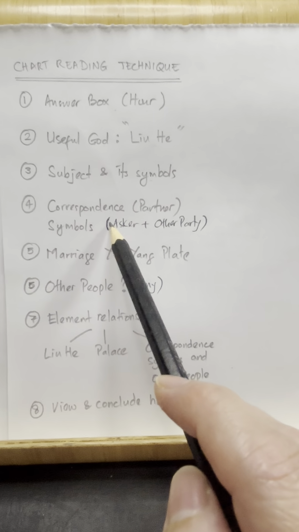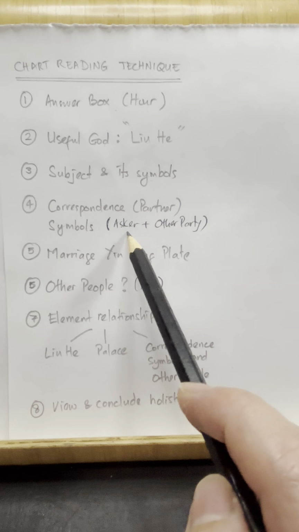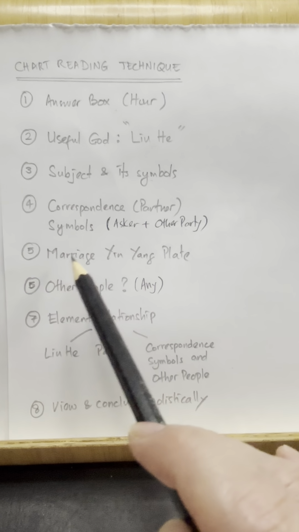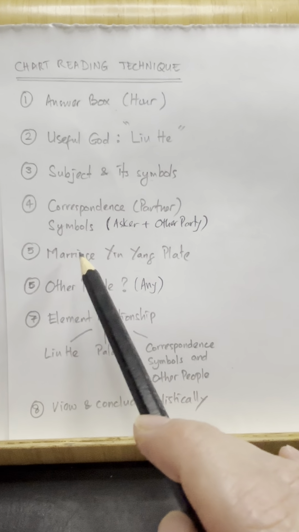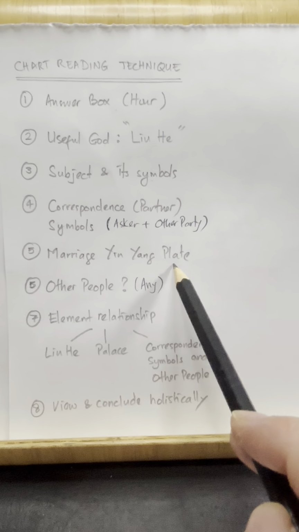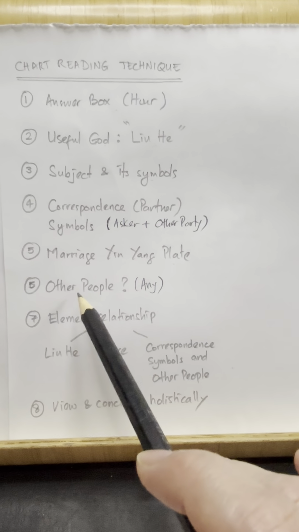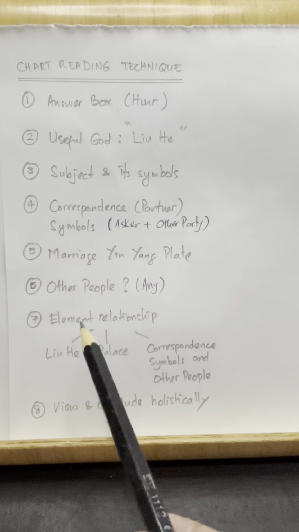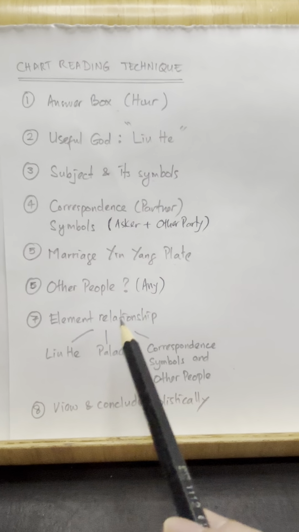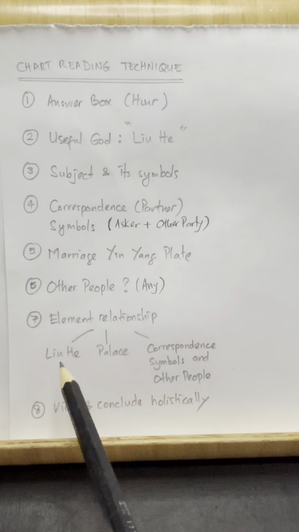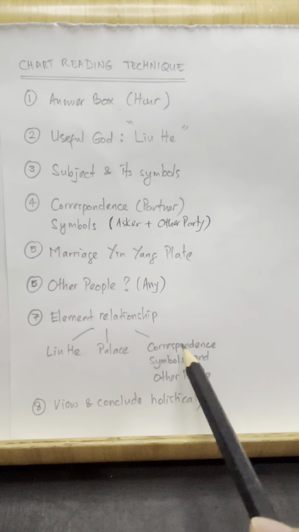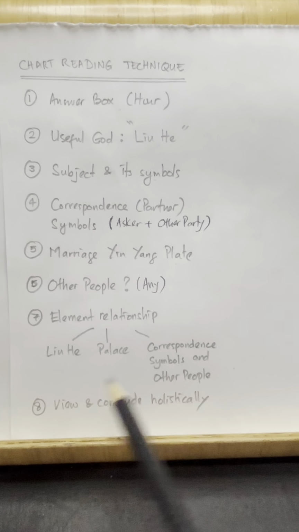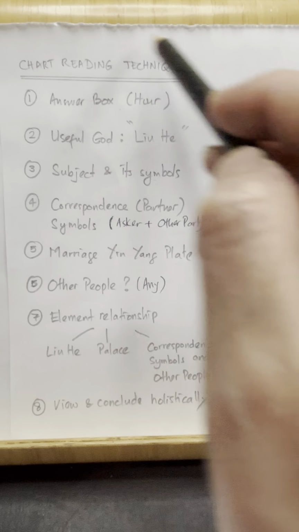Find the correspondent partner symbols between the asker and other party. Find the location of the asker and other party in the marriage yin-yang plate. And identify if there are other people involved. Only after that, we look at the element relationship, palace to palace, or with Liu He, and correspondence symbols. View and conclude holistically after you review everything.